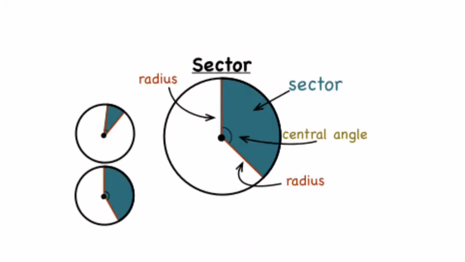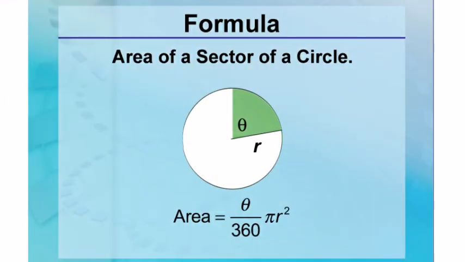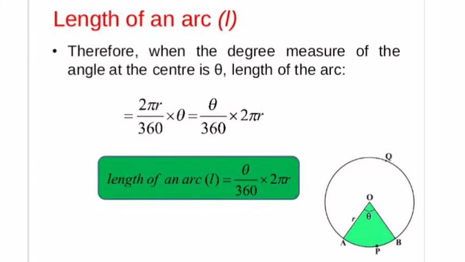Then how to find the area of a sector and segment? Area of a sector of a circle is theta by 360 into pi r square, where theta is the angle of the sector and r is the radius. Then how to find the length of an arc? The total circumference is 2 pi r. So the length of the minor arc will be theta by 360 into 2 pi r.